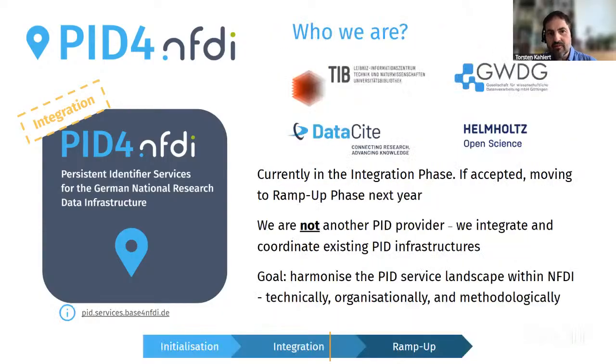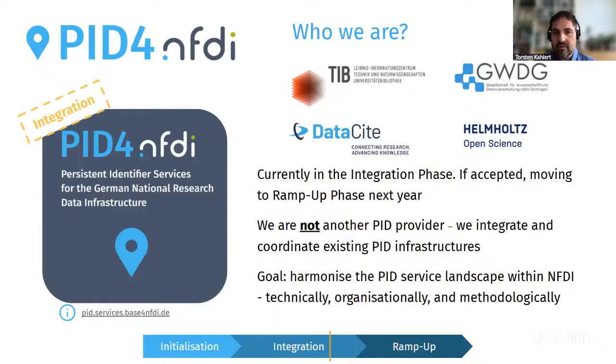PID4NFDI brings together 4 partners with complementary expertise. The TIB hosts, for example, the largest UI consortium worldwide and leads the project together with GWDG. GWDG Göttingen and DataCite are both PID providers themselves and infrastructure partners with deep technical expertise.